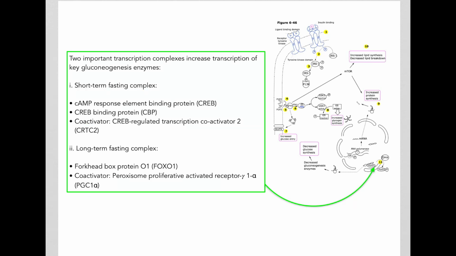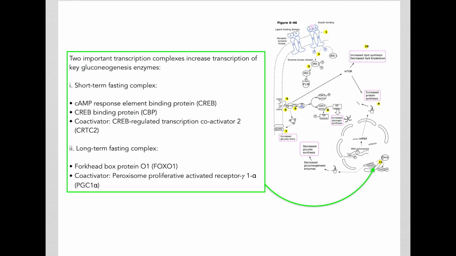Another transcription complex is the long-term fasting complex, which involves the protein Forkhead box protein O1, or FOXO1, as well as its co-activator, peroxisome proliferator-activated receptor gamma coactivator 1 alpha, or PGC1 alpha.